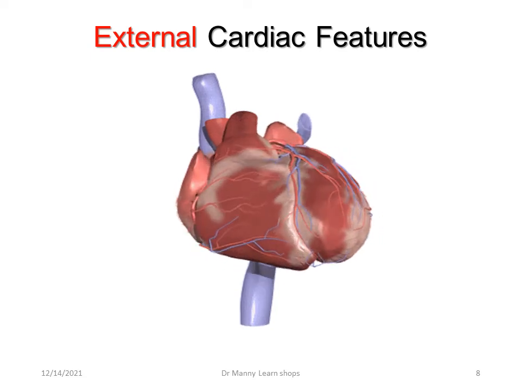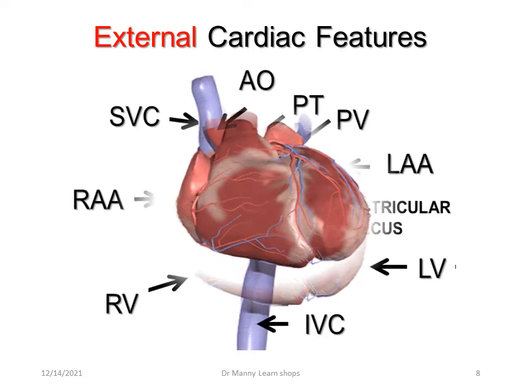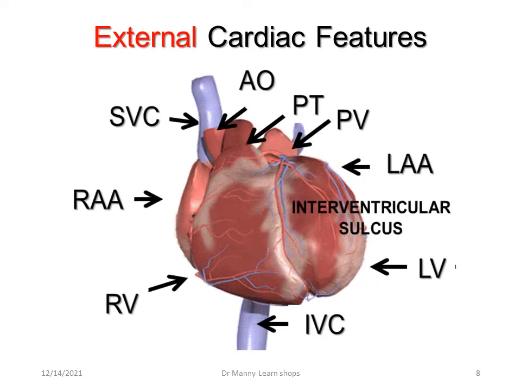Now, external cardiac features also include the SVC, the superior vena cava, which returns blood from the upper portion of the body and head. This now goes to the right atrial appendage, which connects to the right atrium. This connects through the tricuspid valve to the right ventricle.